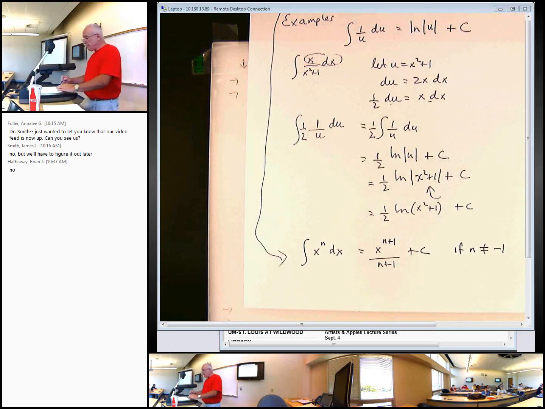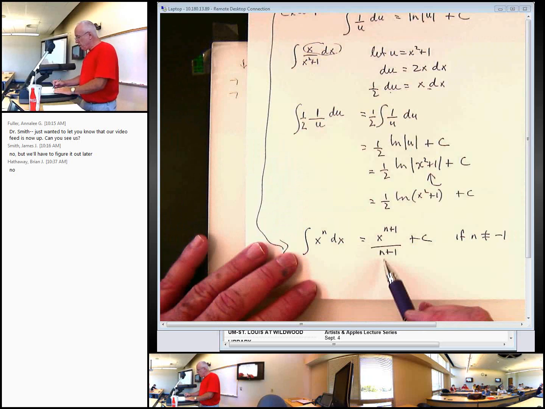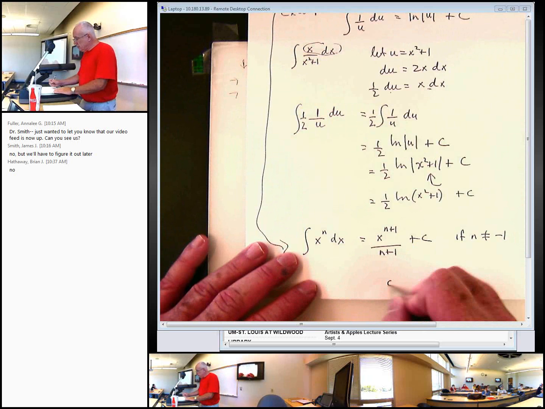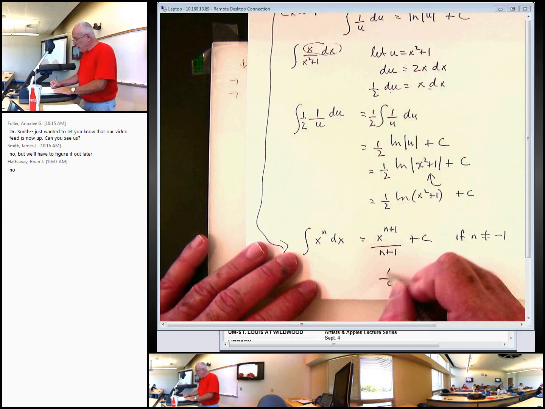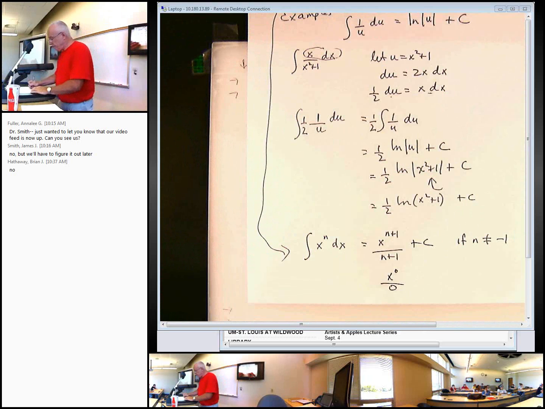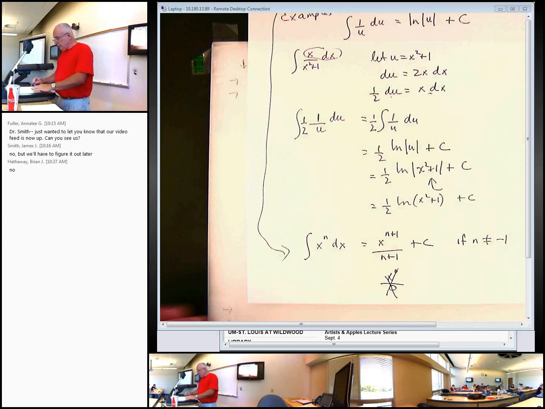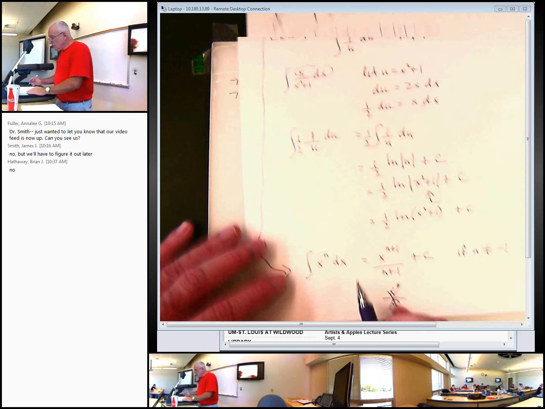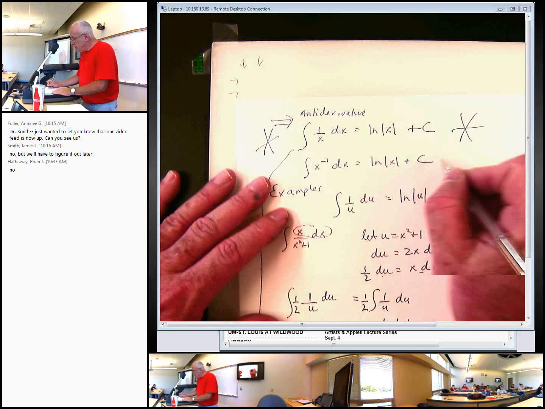Because look what happens if n is equal to -1. We have -1 plus 1, that would give us a 0 over x, and then we have a 0 on top, which is meaningless.